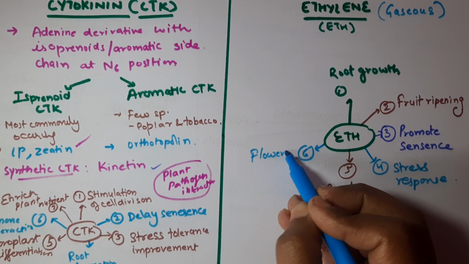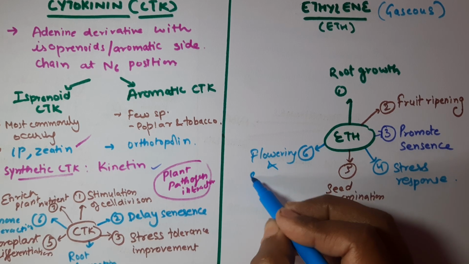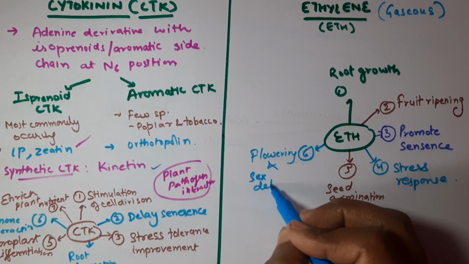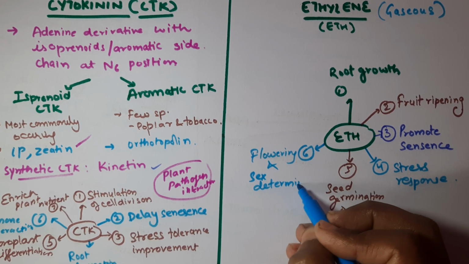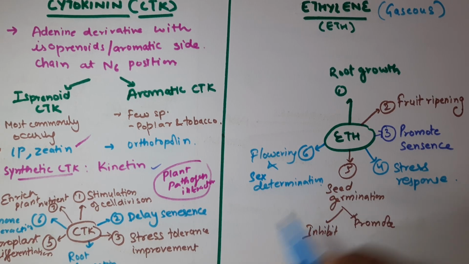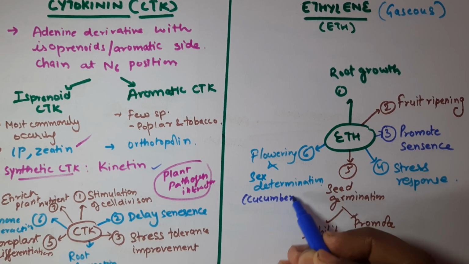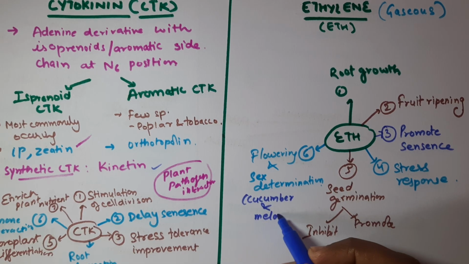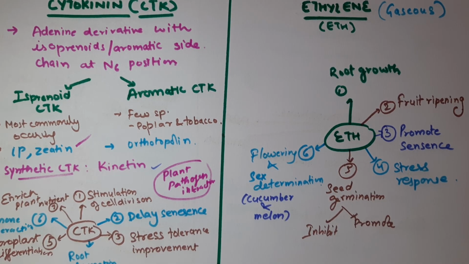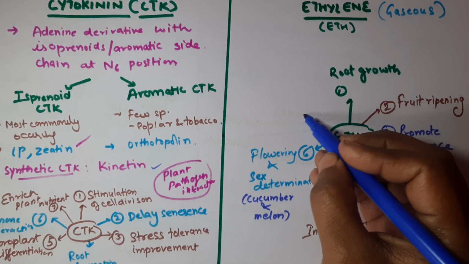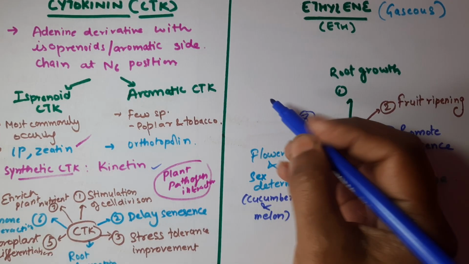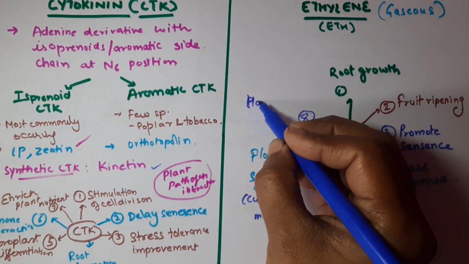It promotes flowering, and even sex determination in plants. If there is more ethylene, there is production of more female flowers, for example in cucumber and melons, where the ethylene concentration will determine whether it will be a male flower or female flower. And last but not least, it is also a component of hormone interaction.